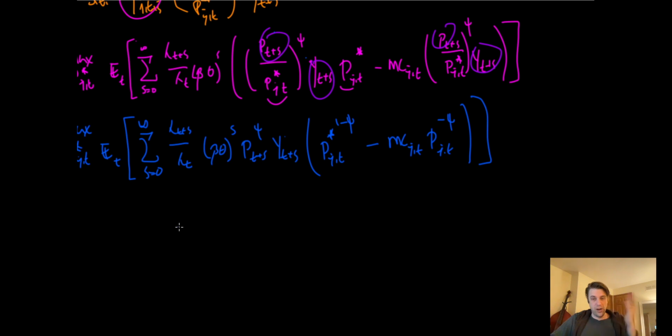Because, so we have infinite of these, fine. There's a t plus s here, but not there. So there's infinity of these, and we can't just factor out the pjt because it's being multiplied in two places, here and here. And there's two powers on it.